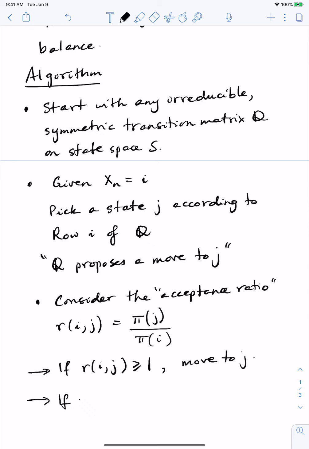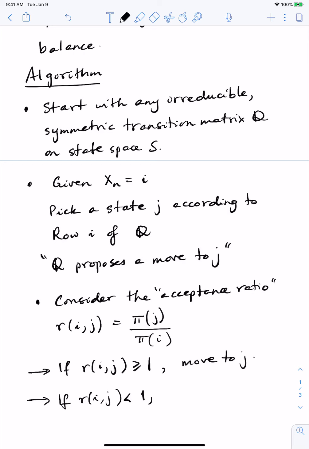If the ratio is less than 1, then the matrix Q has proposed a state that is worse than the state we're currently at. For us, it has a lower score. And so the temptation is to not accept the proposal. The temptation is to just stay put at I and play again.